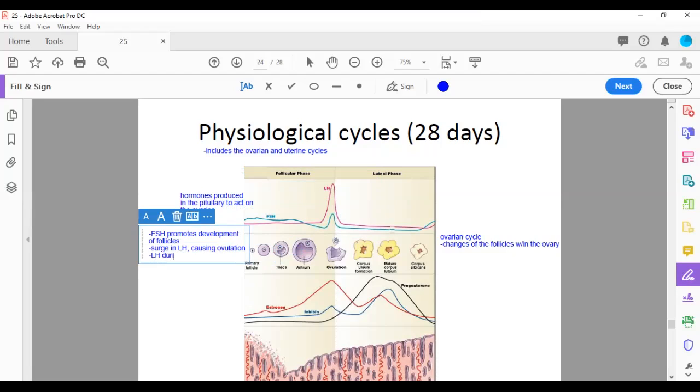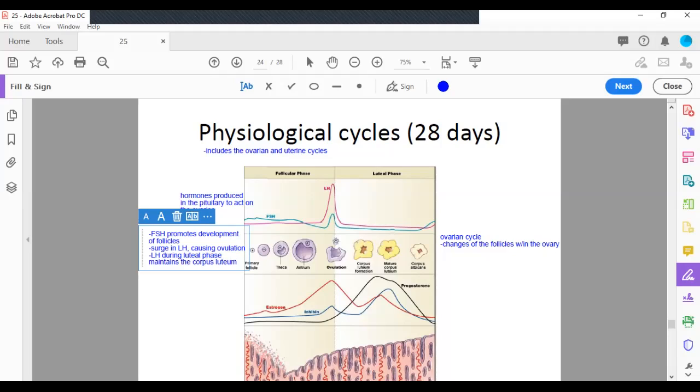The LH during the luteal phase maintains the corpus luteum. So once again, in the ovarian cycle, there are two phases.